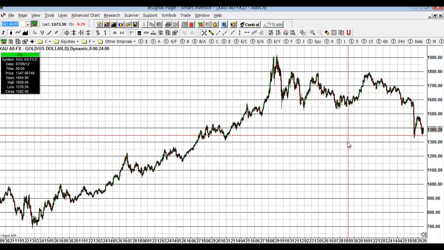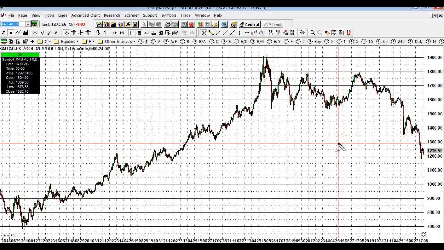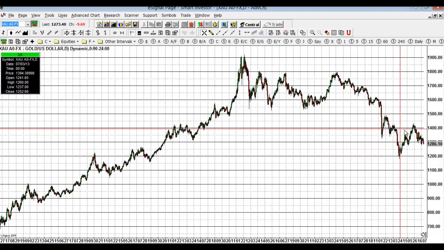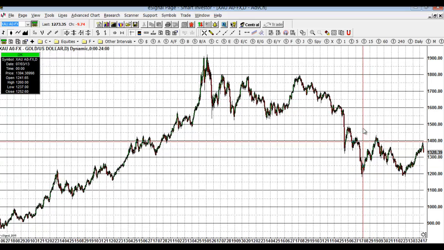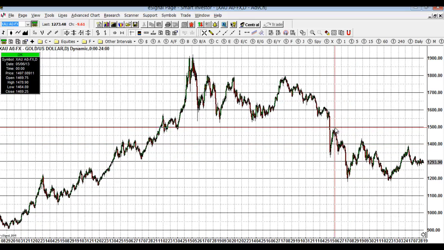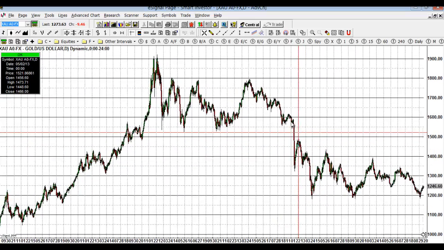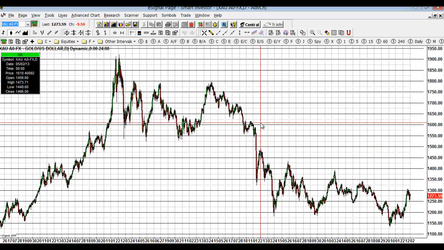Market reversed, broke the series of higher highs, higher lows, broke down below this support level, and then started to enter lower highs, lower lows. And at that point, you will be on the sell side of this gold market, because the prices are telling you now that the market had stopped going up.